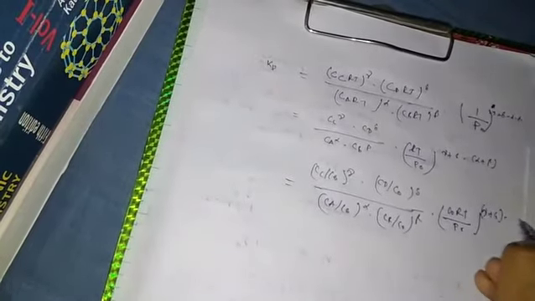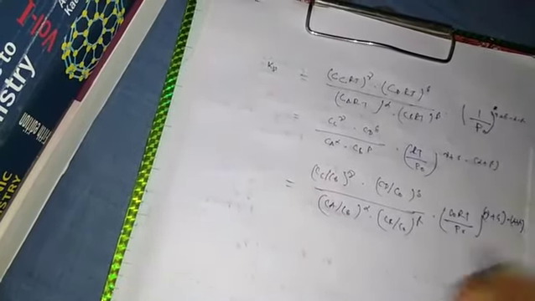So we must include the C0 term into this: C0 RT divided by P0 whole to the power gamma plus delta minus alpha plus beta.